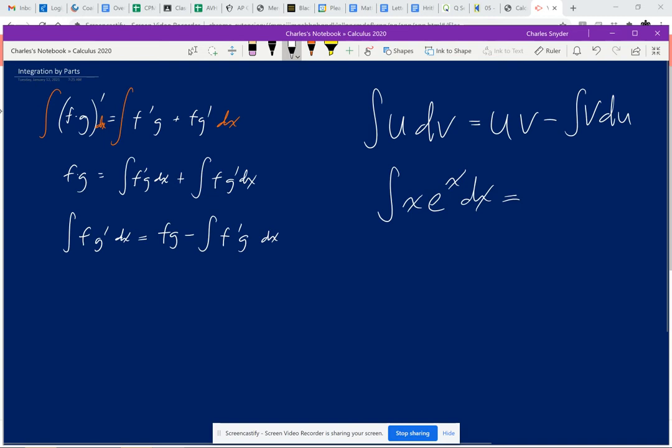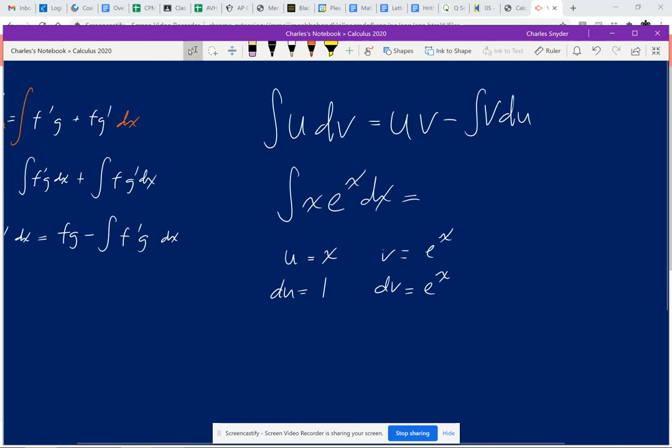And with integration by parts, you have to pick the u and you have to pick the dv. So I'm going to pick u in this case to be x, and I'm going to pick dv to be e to the x. So du is going to be 1, v is going to be e to the x.